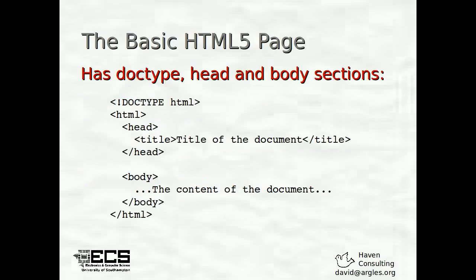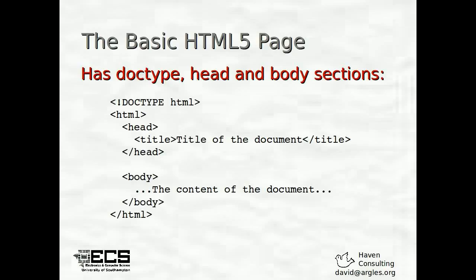So here's the structure of a very basic HTML5 page. It needs a doctype declaration right at the start. Then you have the HTML document that follows, included in the <html> and </html> markups. And then you have a head section and a body section.